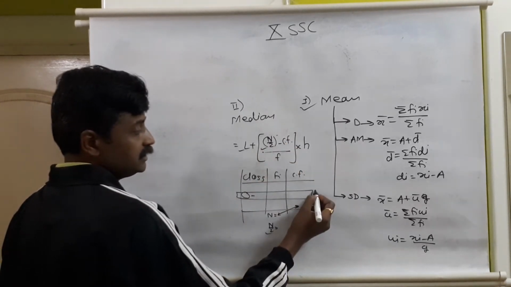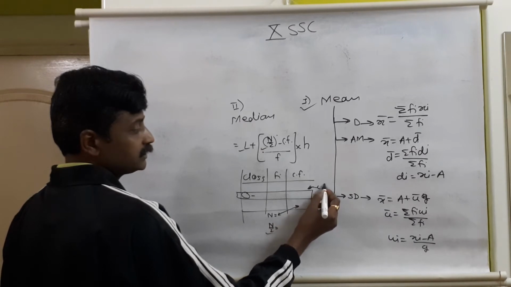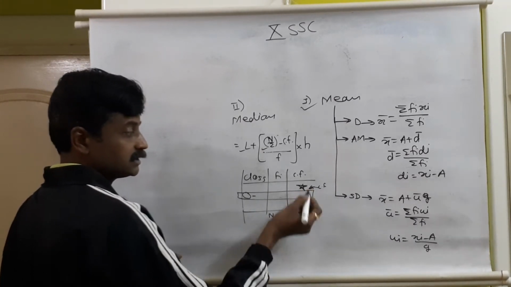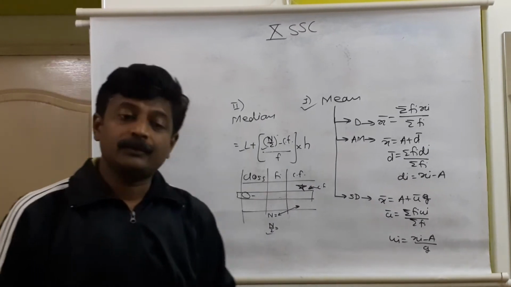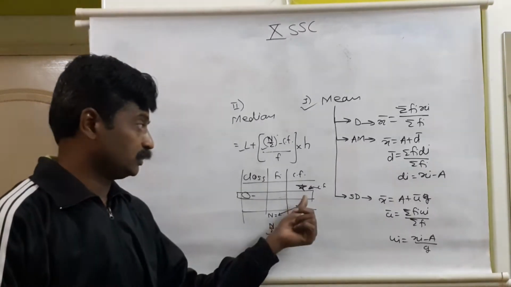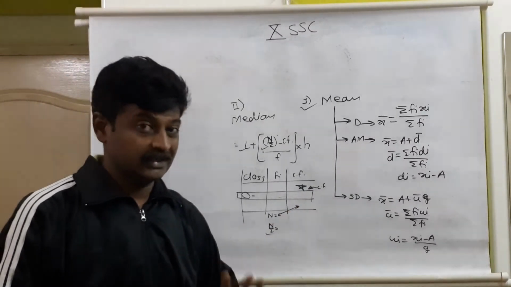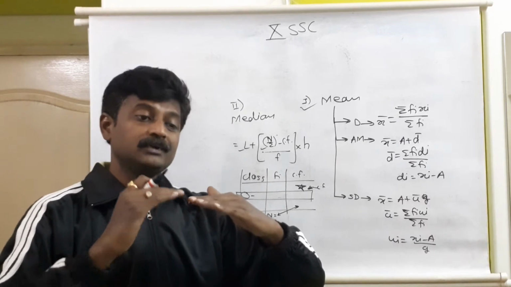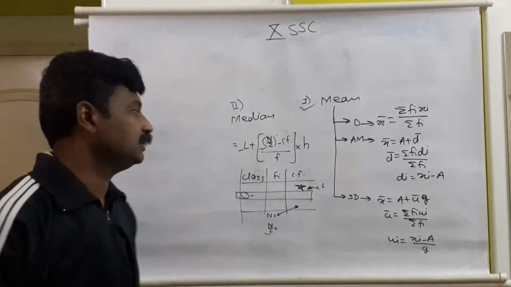Cumulative frequency is the cumulative frequency of the previous class of the median class. This is a very important part: do not take the cumulative frequency of the median class itself.